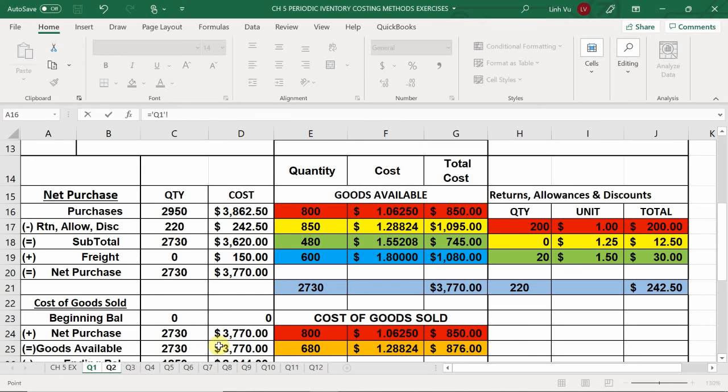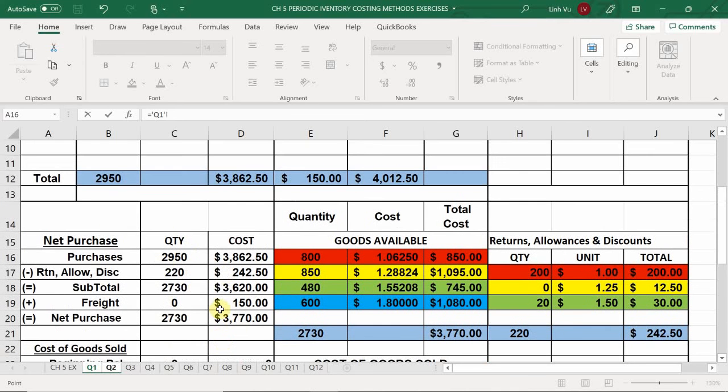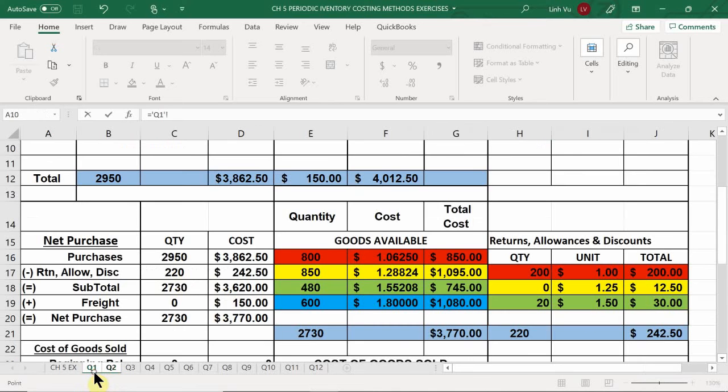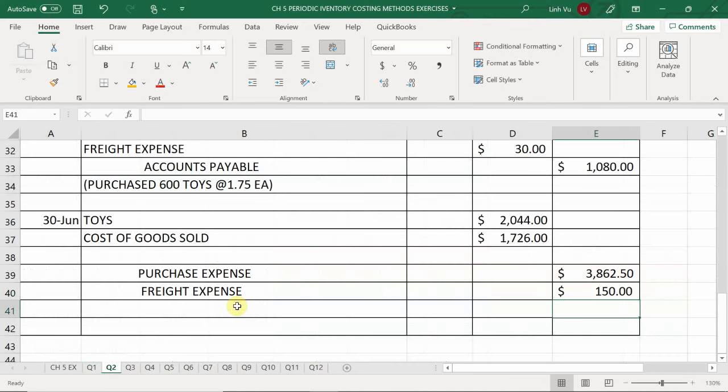What was my total purchase price? What did I originally purchase everything at? 3862.50, right? And then what was my total freight? 150. Okay. So in this case, right, I'm using my inventory worksheet to help me solve for my conversion entry, right?